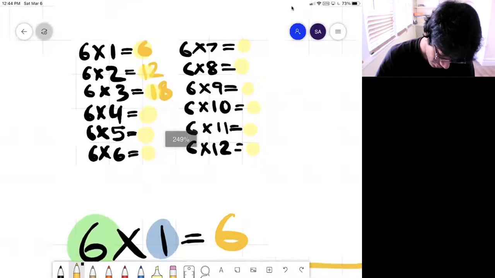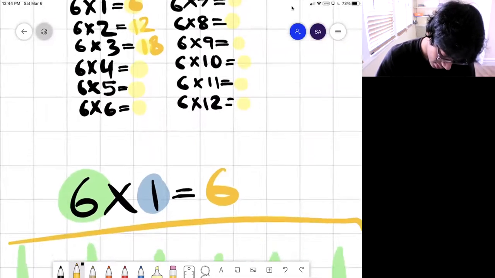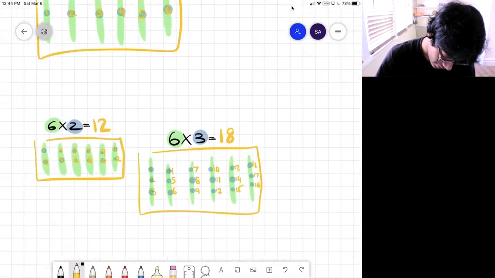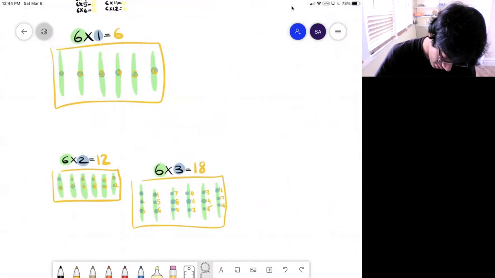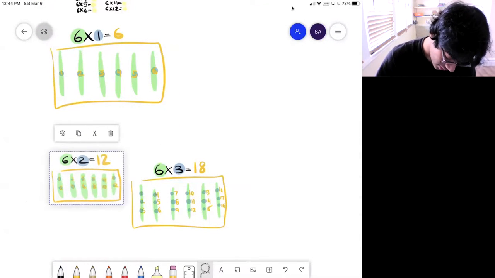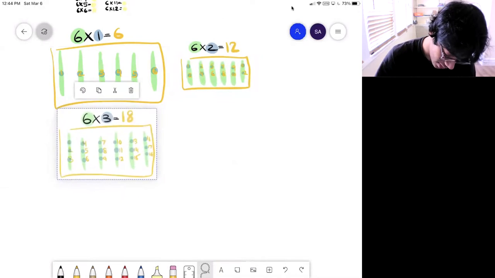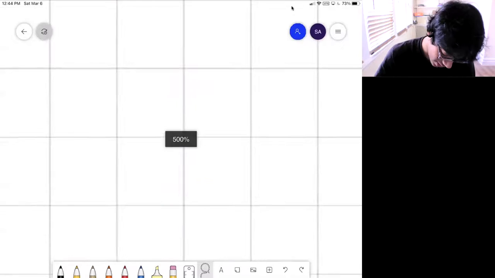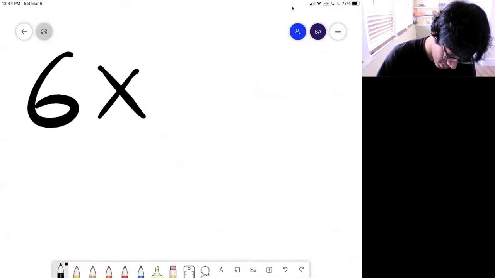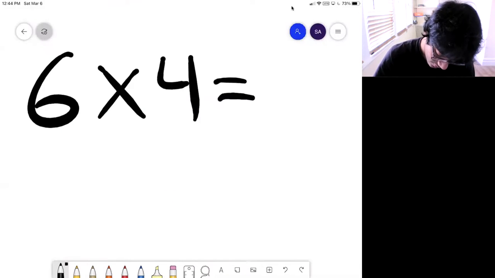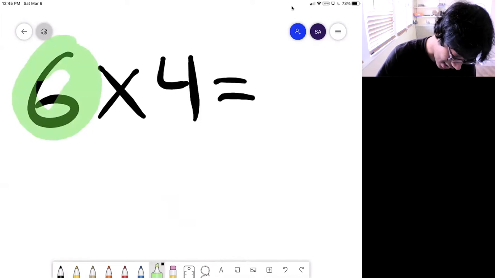Next one up is 6 times 4. Why don't I put these two guys next to where they belong? This one goes right here. This one goes right here. Now we can do 6 times 4 right here. 6 times 4 equals, I have 6 columns.